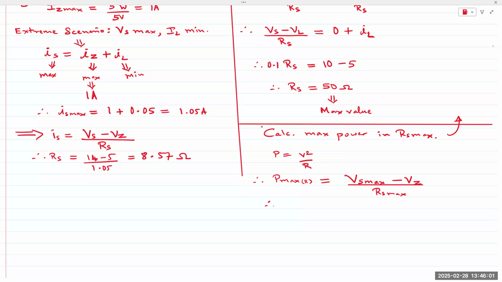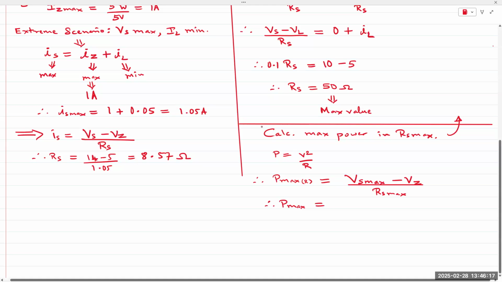So what is the value of P max? Anyone? How much do you get?